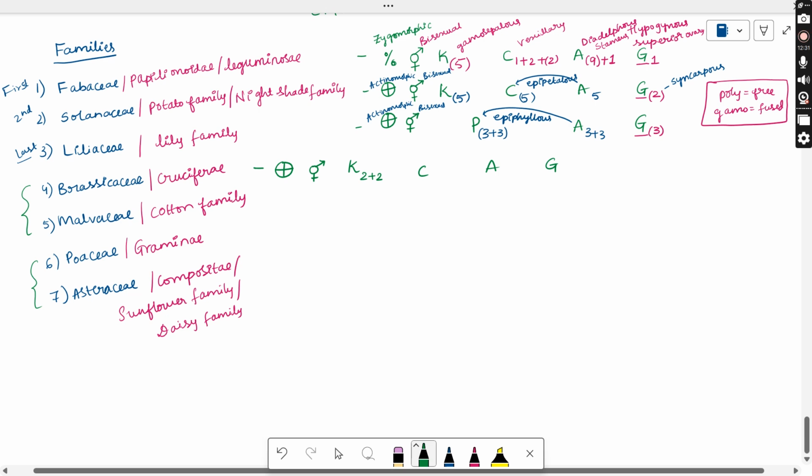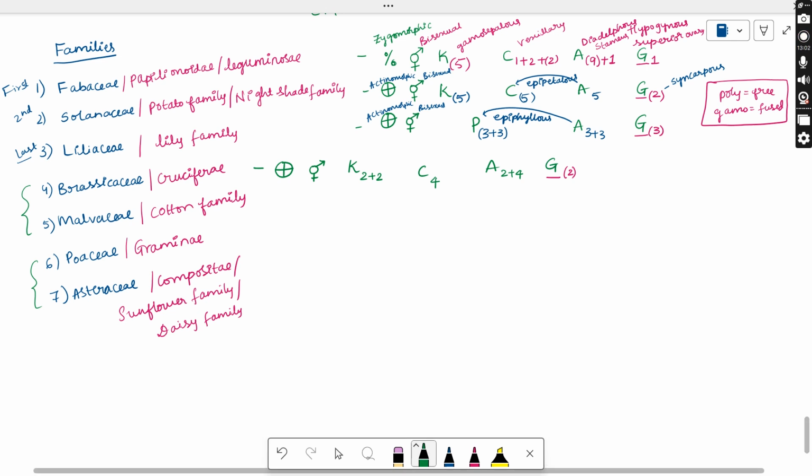So 2 whorls of sepals are present which are free. That's why you are not keeping them in a bracket. And corolla 4 are present which are again free. So here androecium 2+4. So 2 are arranged in one whorl, 4 are arranged in another whorl. Coming to the gynoecium, it will also show the superior type of ovary or hypogynous condition where the carpels are fused, showing the syncarpous condition.